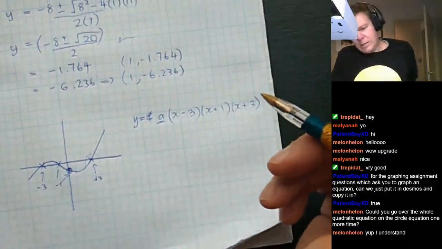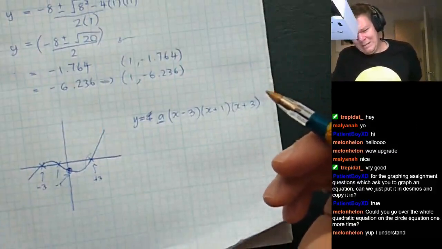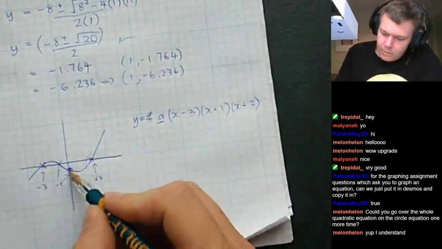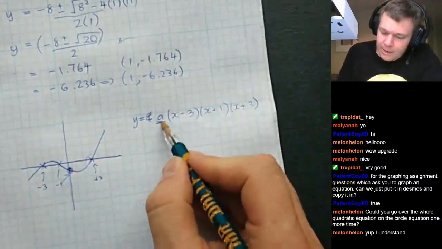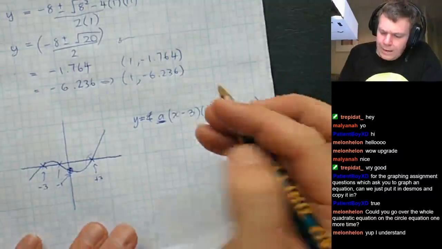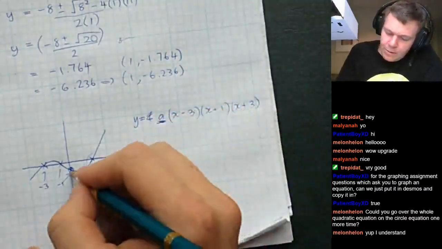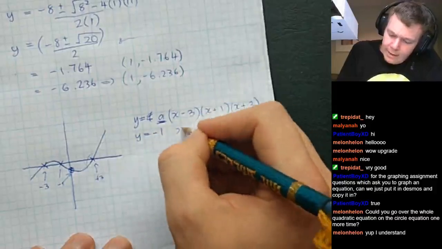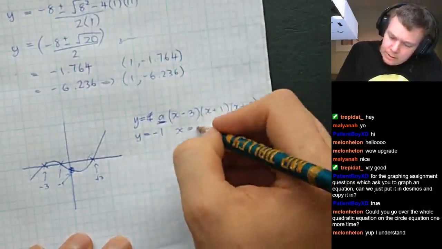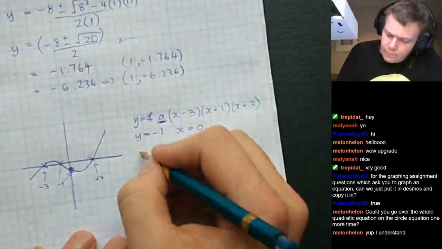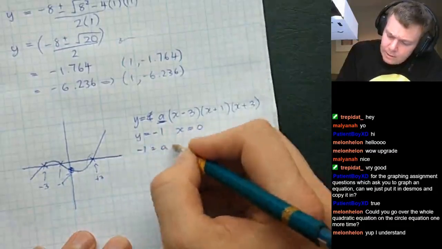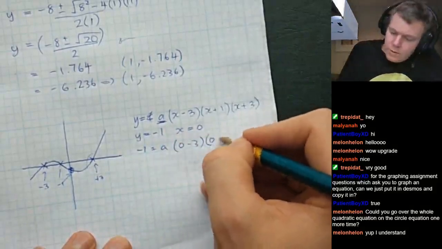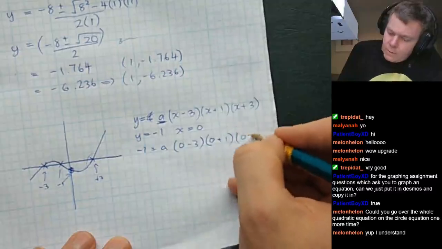Actually, this is a bit hard, isn't it? No, it's not. So to figure out what our shape factor a would be, we need to sub in something we know. We know y equals -1 when x equals 0. So we can sub that in. -1 equals a times (0 - 3)(0 + 1)(0 + 3).